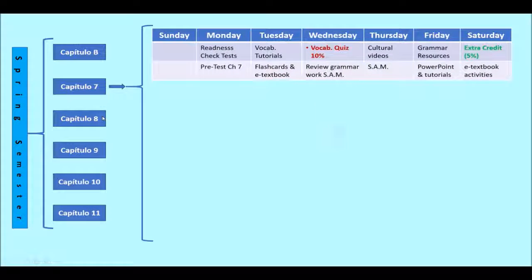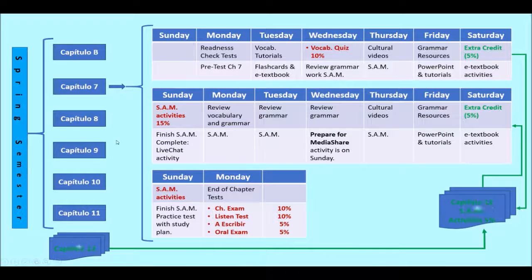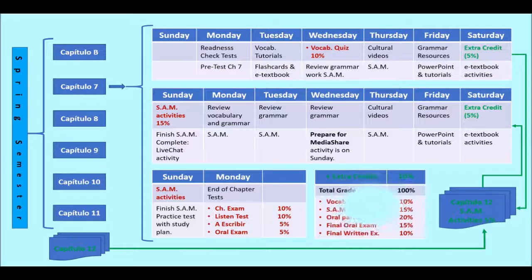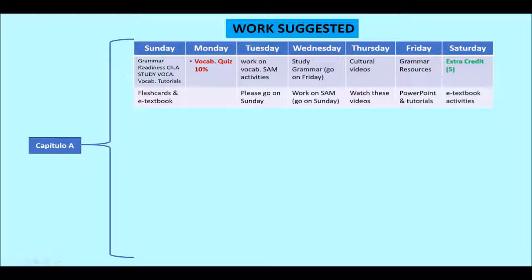And if you take the spring semester, it's going to be the same. The only difference is that we're going to complete chapter B, chapter 7, chapter 8, 9, 10, and 11. And the rest is going to be the same. So in this particular case, for chapter A, we're going to start on Sunday.